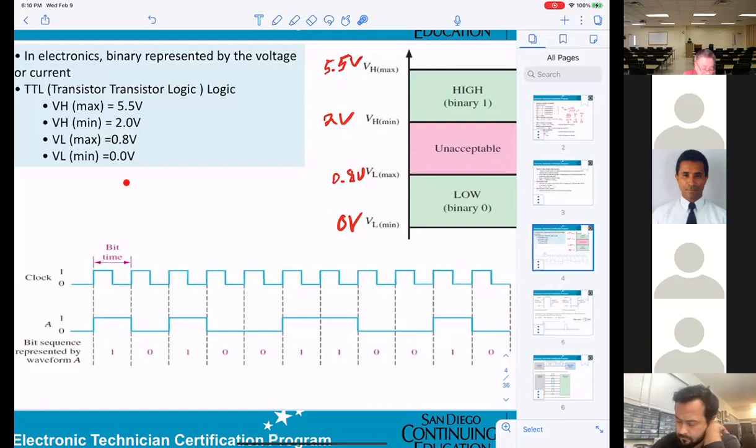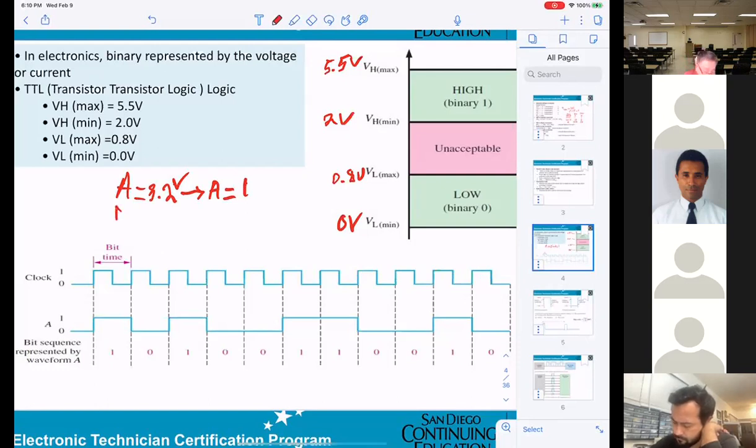So if I measure point A and get 3.2 volts, what does A equal? 1. Right? That's what you need.